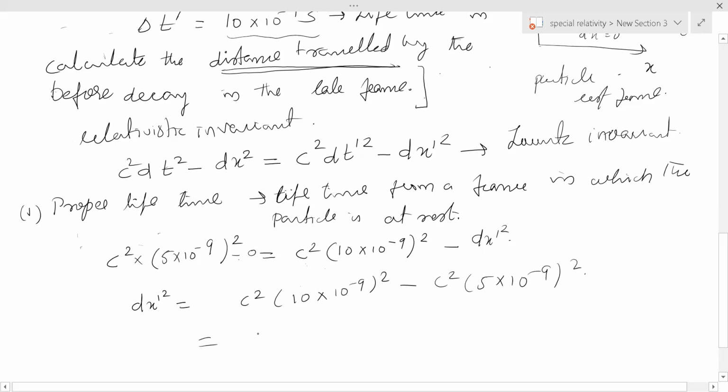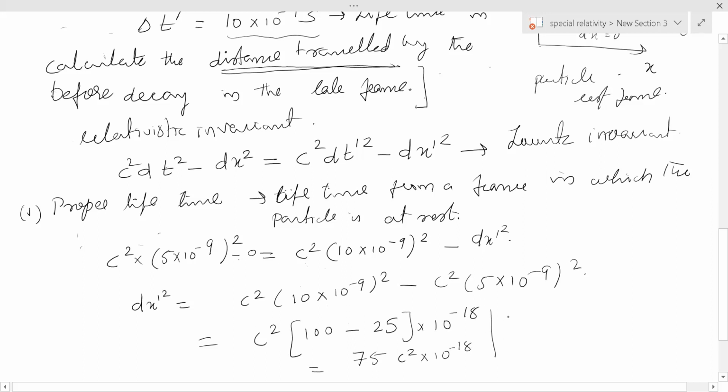We can pull c square outside, so that's 100 minus 25, am I right, multiplied by 10 raised to minus 18. The square I have pulled out: 10 raised to minus 9 squared is 10 raised to minus 18. So this is equal to 75 c square into 10 raised to minus 18.